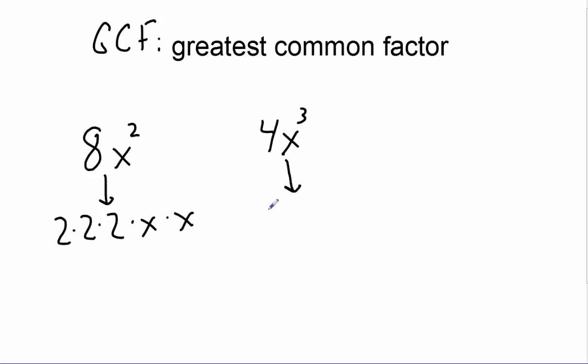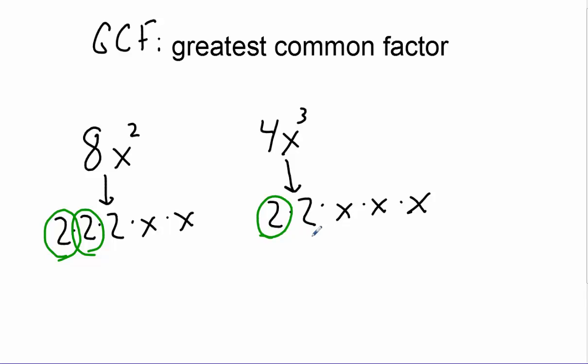And this breaks down into 2 times 2 times x times x times x. Now what we can do is circle everything that they share. They share 2 2's, since they both have at most 2 2's, which gives us 4, because 2 times 2 is 4. Then they share 2 x's.